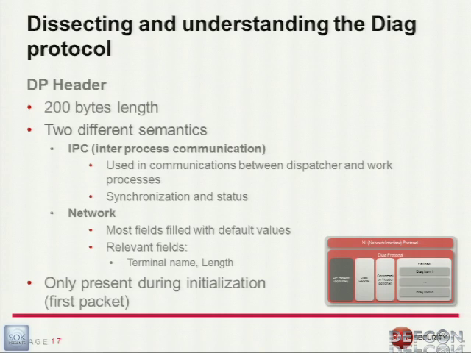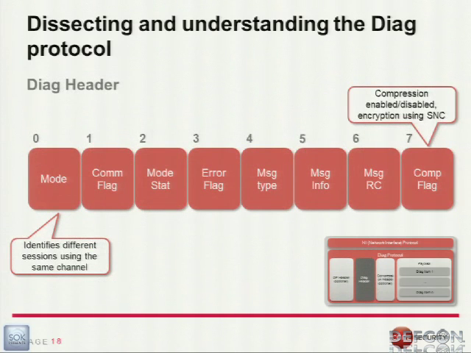And from a network perspective, which is the relevant one for this talk, most of the fields are filled with default values, and there are only two relevant fields: a terminal name and a length field, which is the length of the remainder of the packet. So let's move on to the Diag header.